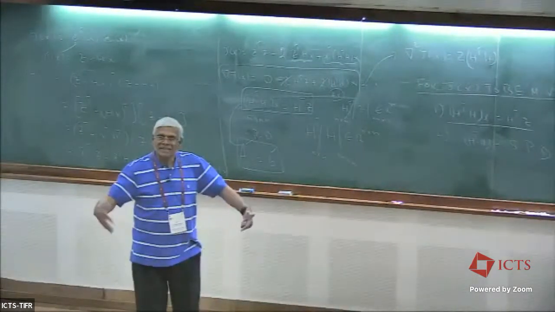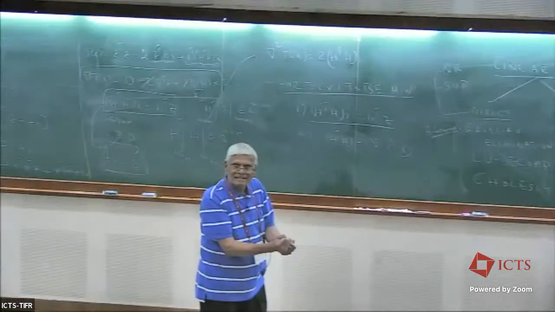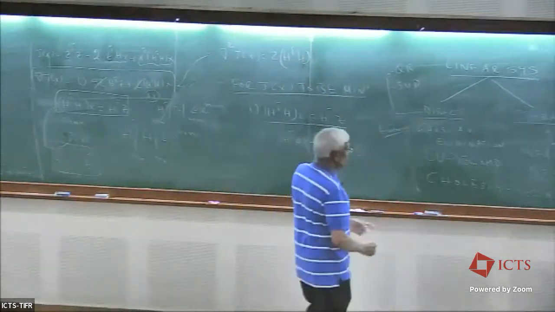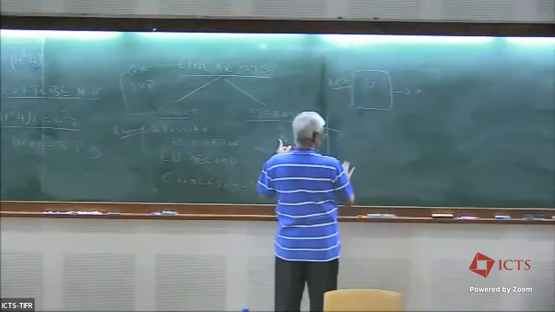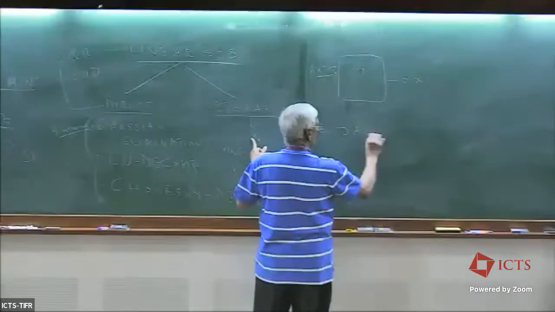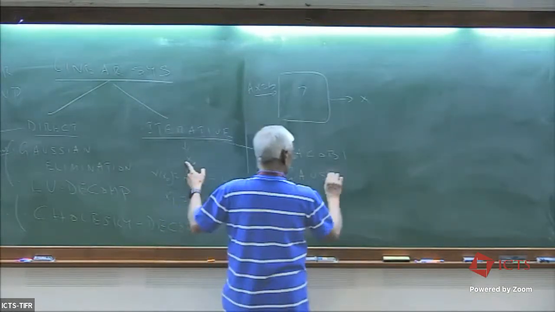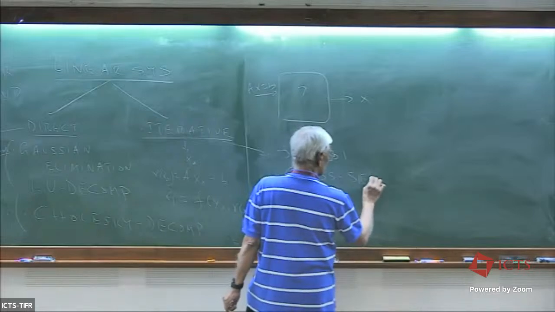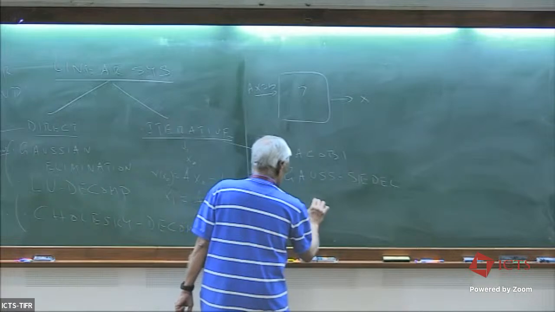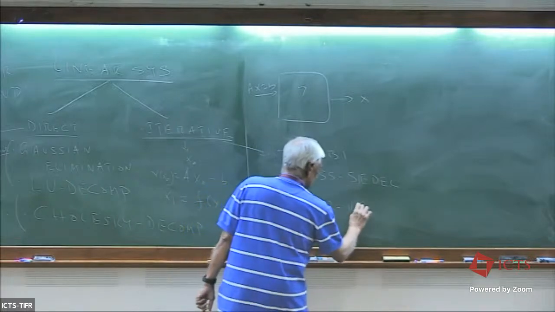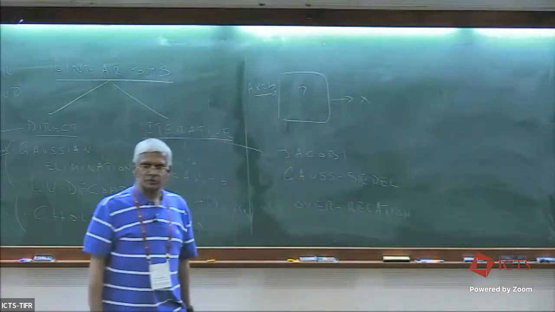So some of the basic ideas have been around for a long time, but we give a shape to these ideas in a particular form. So what are the methods? I hope you all remember the Jacobi method, Gauss-Seidel method, over-relaxation methods.